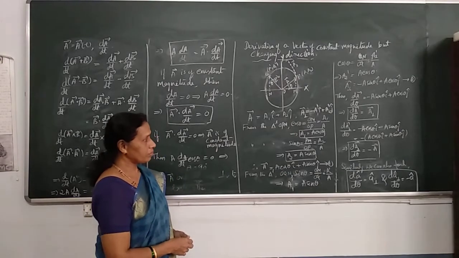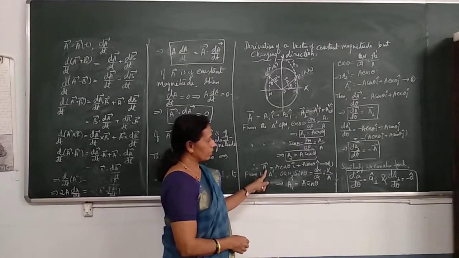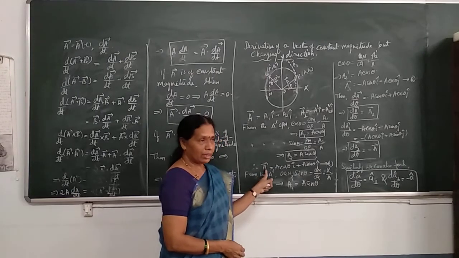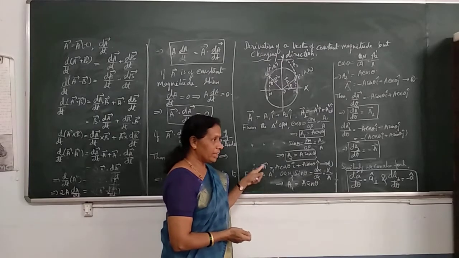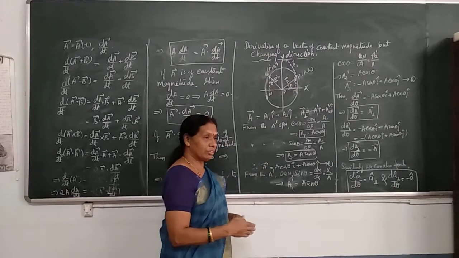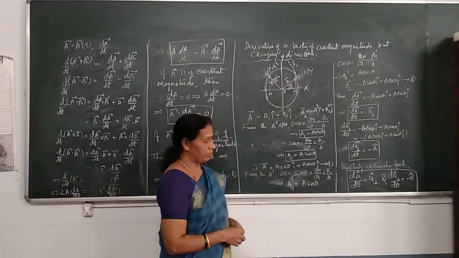Now, consider equation 1. This A vector has constant magnitude but changing direction, indicating that A is a function of theta. It varies with its variation in direction only, so it is not a function of t.